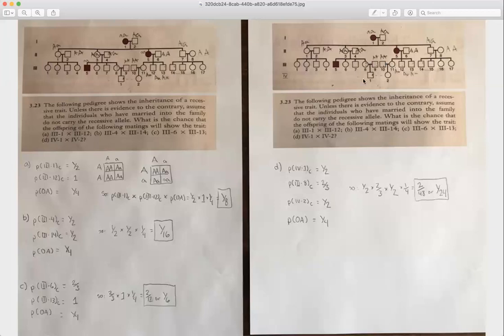Now we've figured out all the probabilities for these two to be carriers. If these two are carriers, what's the probability that they have an offspring that is affected? That is 1/4. So to have all 4 of these events happen, we have to multiply this one and that one and that one and that one. You go 1/2 times 2/3 times 1/2 times 1/4 equals 2/48 or 1/24.